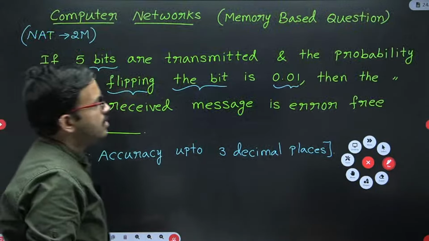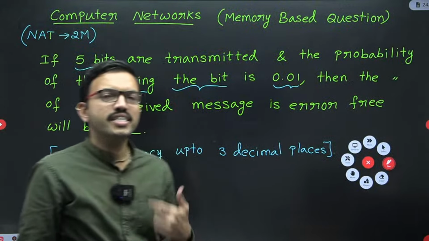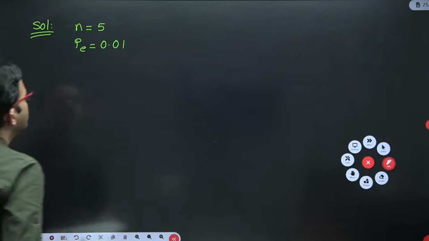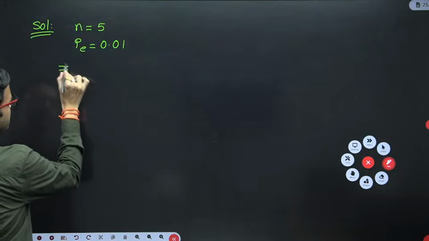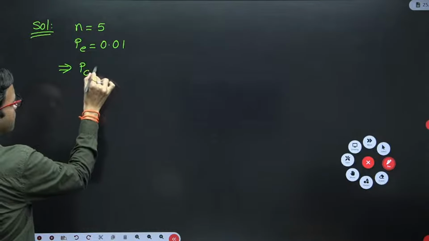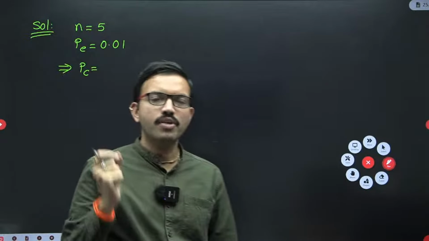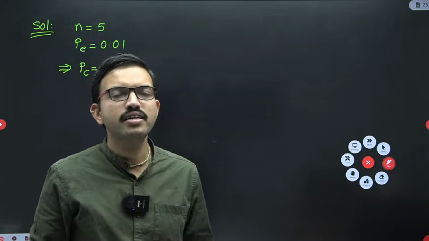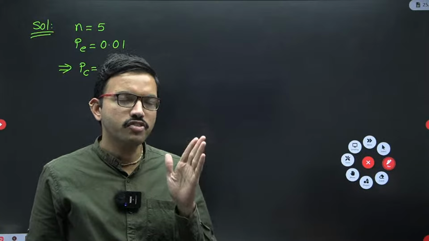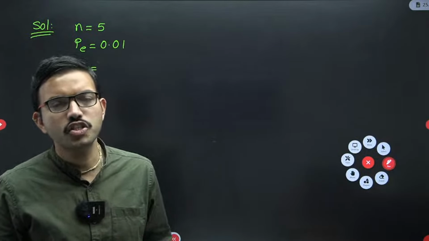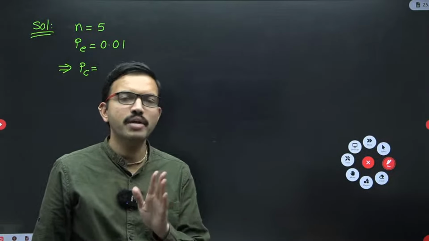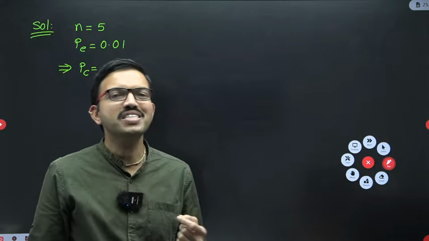Now with this understanding, what will be the probability of getting the bit at the receiver as correct? If bit value 0 is transmitted and you receive 0, or 1 is transmitted and you receive 1, there is no error.